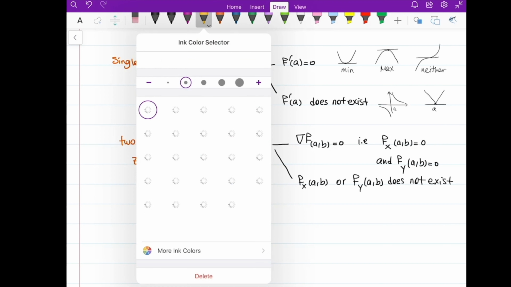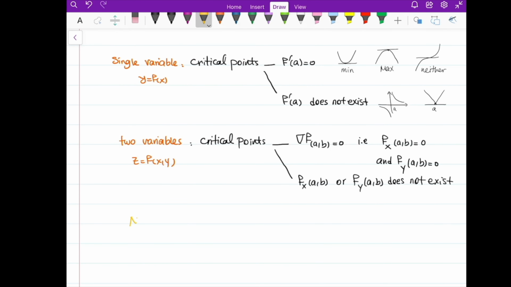So let me give you just one small note: at a local min or max, the gradient of f is equal to 0 because the derivative in all directions is 0.